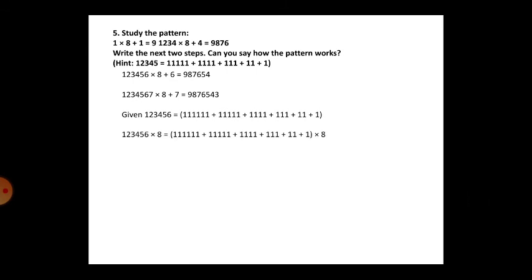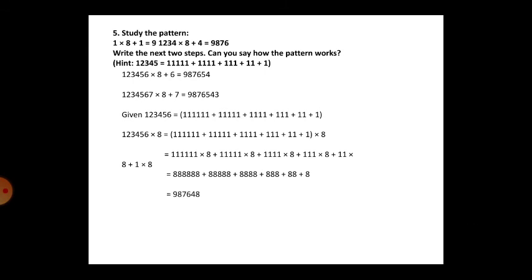So if you expand that number and simplify it, here also 1 2 3 4 5 6 multiply with 8 equals, again that expanded form you have to multiply with 8. Then 8 you have to multiply inside of the bracket. So you will get 8,88,888 plus 88,888 plus 8,888 plus 888 plus 88 plus 8.